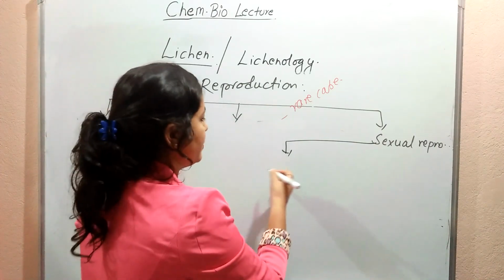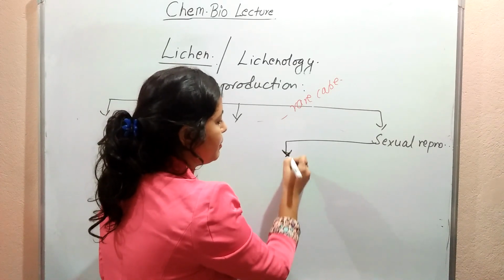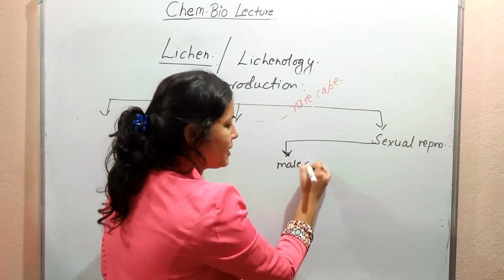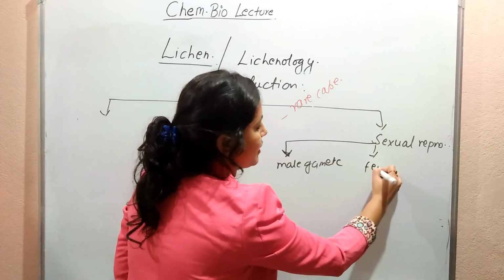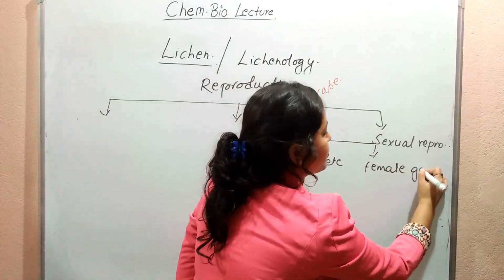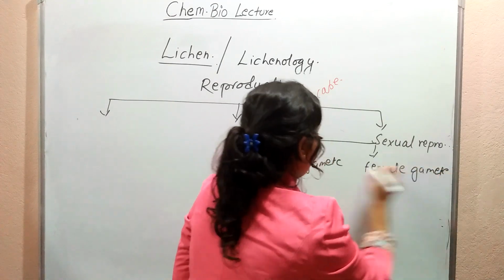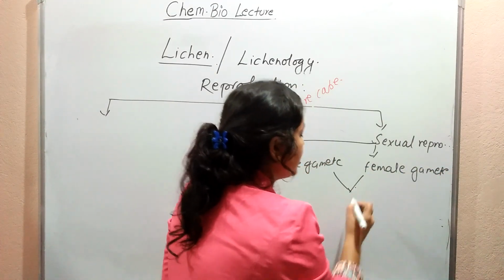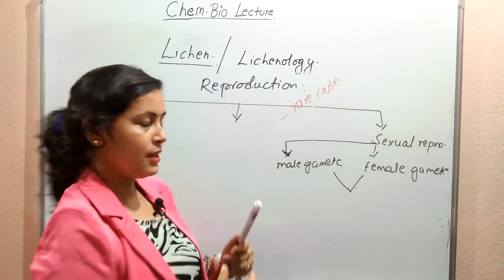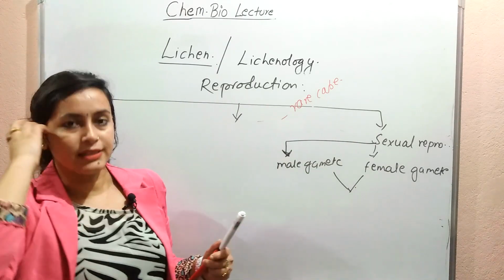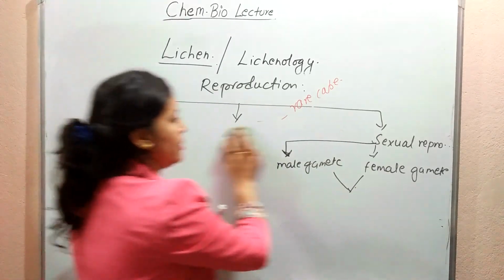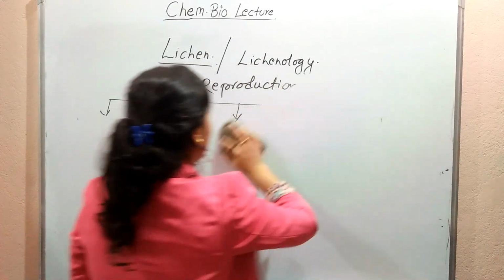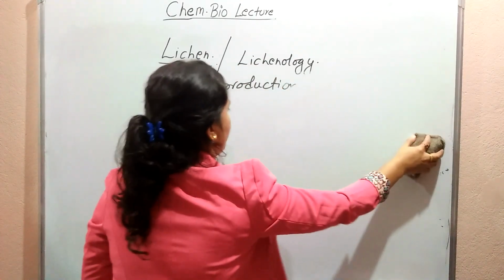There will be formation of male gametes and female gametes. The fungal component is responsible, and fusion will occur, forming the fruiting bodies, that is, apothecium, from where it releases the spores.